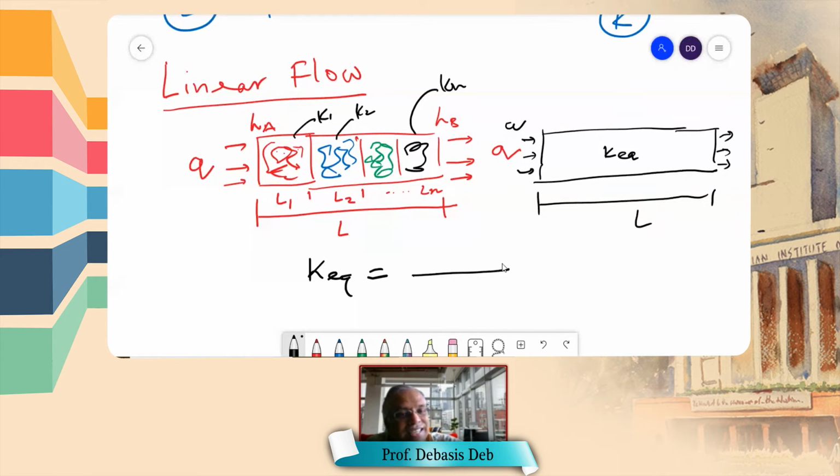So their length is Li and hydraulic conductivity Ki. They are under the pressure difference of HA minus HB for the total length L. So what will be the equivalent hydraulic conductivity of this combination of layers?